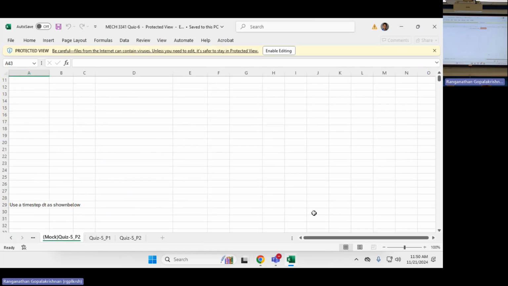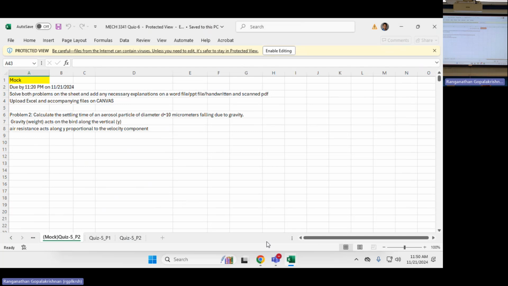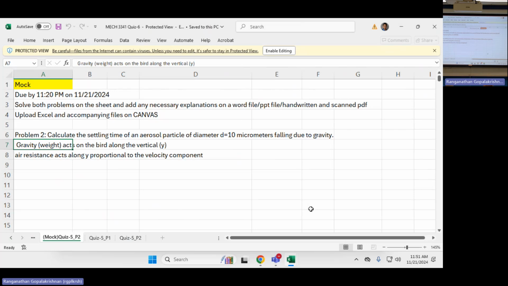So look up, please. Here is quiz 6 that I've been working on this morning. Calculate the settling time of a particle of diameter 10 micrometers falling due to gravity. Gravity acts on, not the bird, but we'll say aerosol particles.